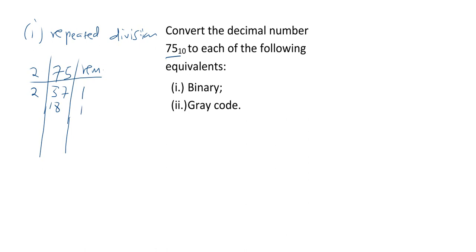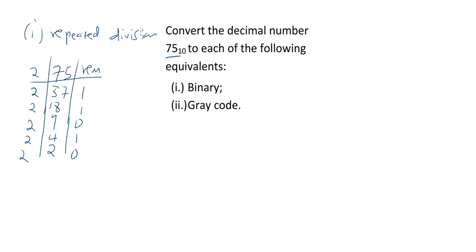We divide 18 by 2, we get 9. Remainder is 0. We divide 9 by 2, we shall get 4. Remainder is 1. We divide 4 by 2, we get 2. Remainder is 0.